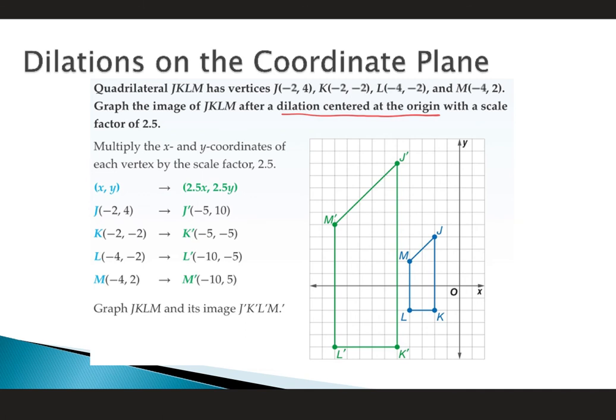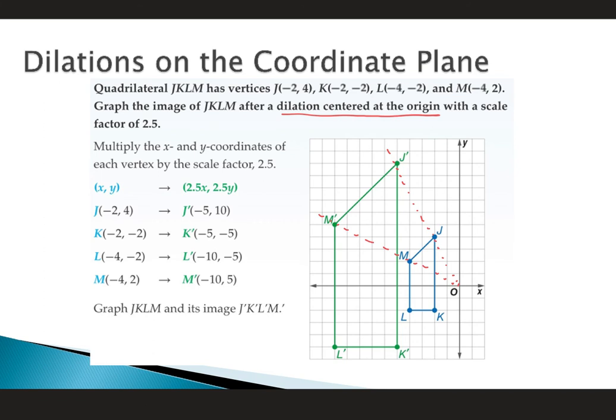So blue is the pre-image, J, K, L, M, and then the image itself is J prime, K prime, L prime, and M prime. And if you want, you can even draw the dilation rays starting at the origin, and the dilation rays go through. My angle on the iPad's a little weird.